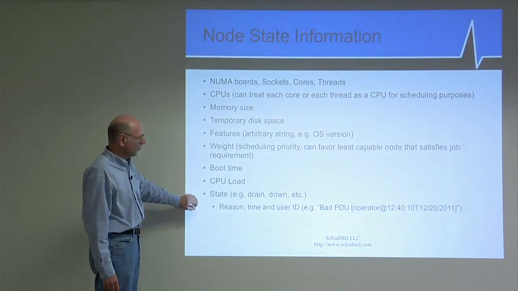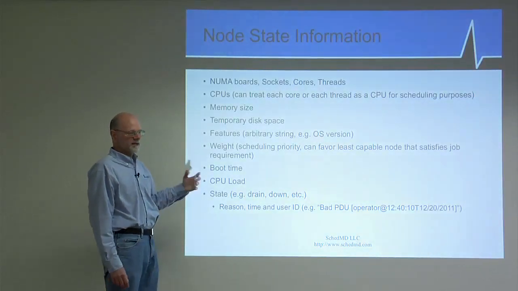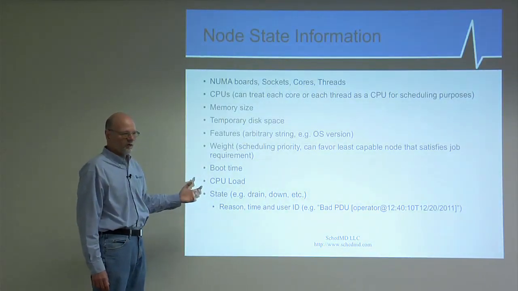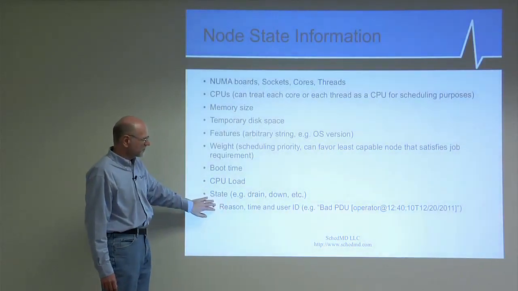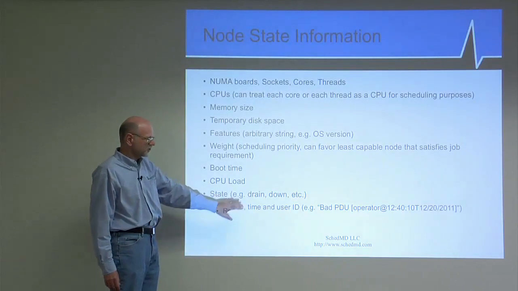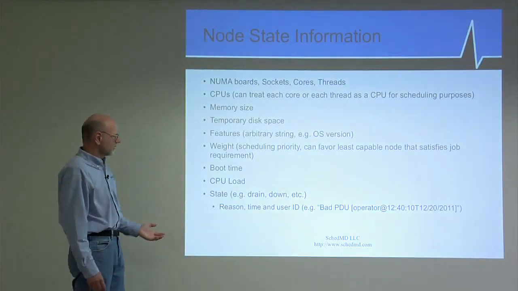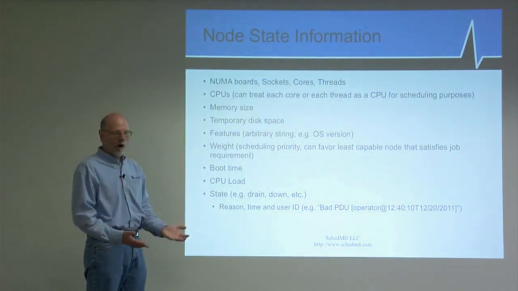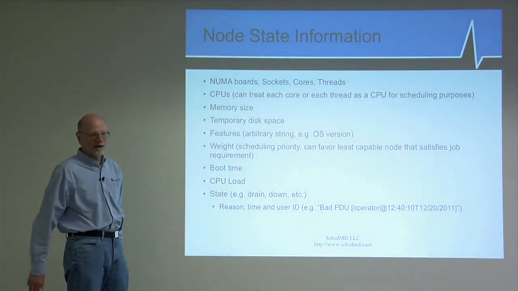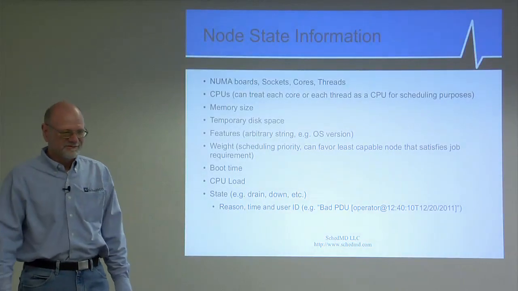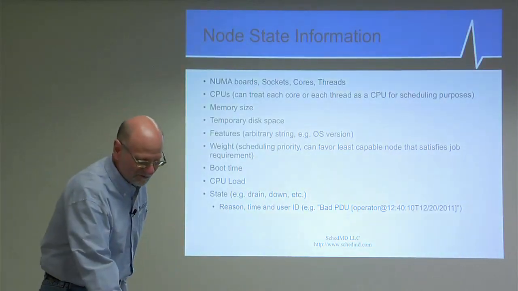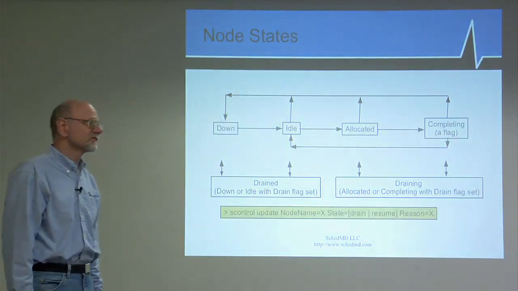If a node is configured down, either by a system administrator or by the Slurm system itself, there is associated with that an arbitrary string, in which we keep track of why it went down, who put it down, and the time that the node went down. So this is a good way to keep track of failed resources in large clusters.